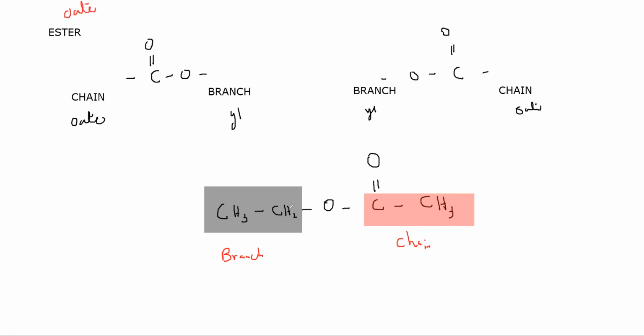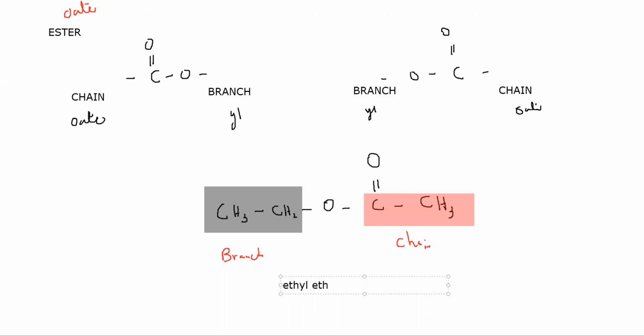Now, there are two carbon atoms in the branch. So what prefix should I use for two carbon atoms? It's eth because of two carbons. Then because it's a branch, it should be YL, ethyl. The chain also contains two carbon atoms, so we'll say eth.